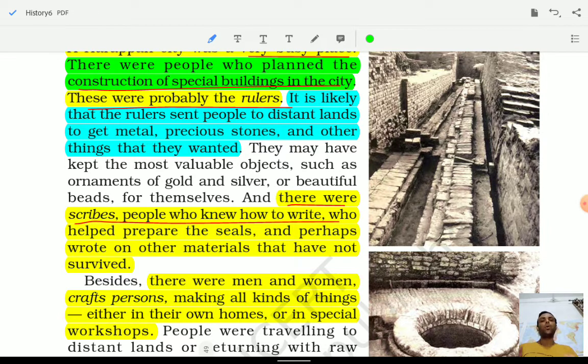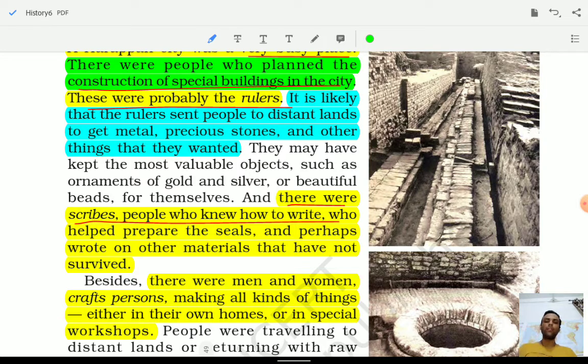we exactly don't know, but the ruler might have sent the people of the city to distant places to get the different things. It is not always necessary that in that specific area they would get all these things like metal and precious stones, but they were doing business, and they were also making artifacts and important things.